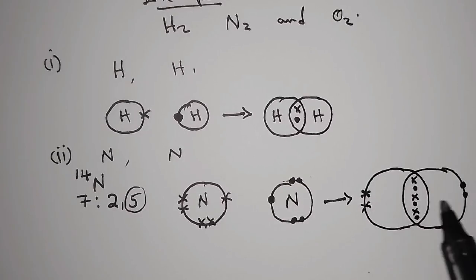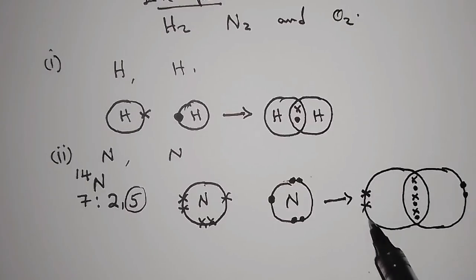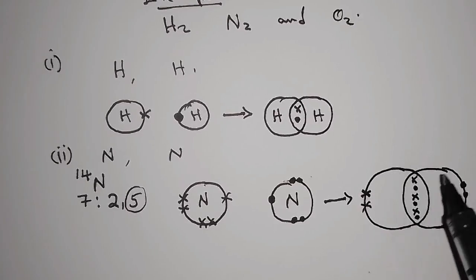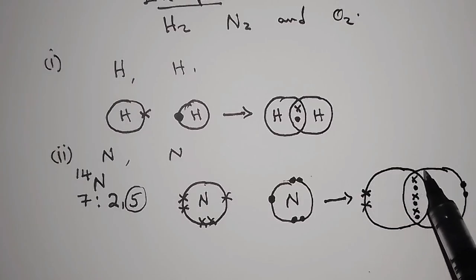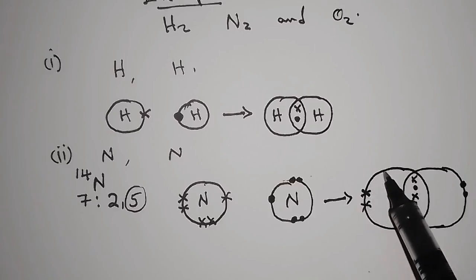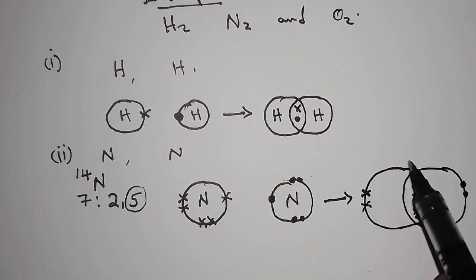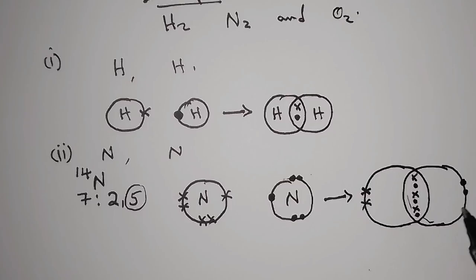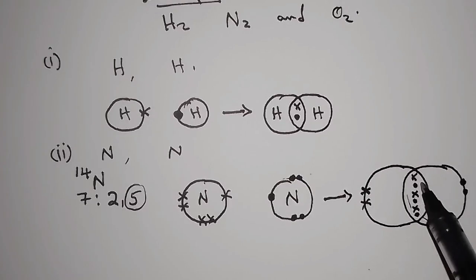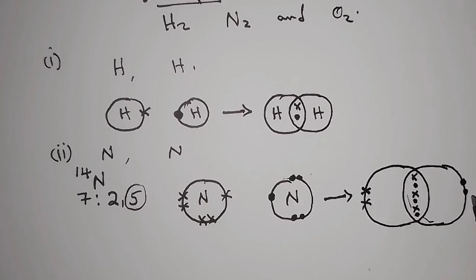Now when you count in this nitrogen, which is more stable than the hydrogen, the number of electrons on this side of nitrogen needs to come up to 8: 1, 2, 3, 4, 5, 6, 7, 8. And on this other one, it should also be the same: 1, 2, 3, 4, 5, 6, 7, 8.